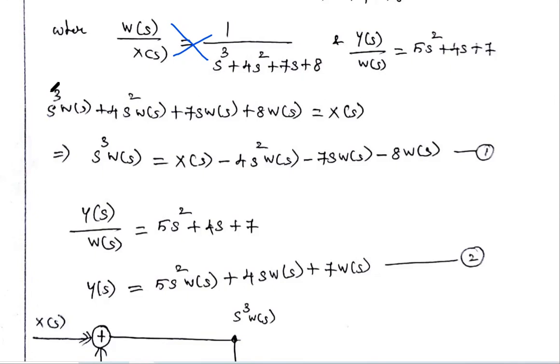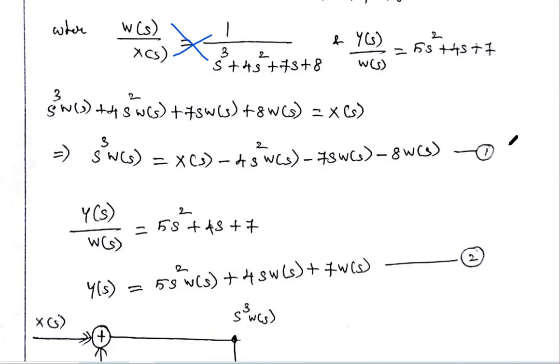So s cubed W(s) equals X(s), and these three terms you give to the right side: minus 4s squared W(s) minus 7s W(s) minus 8 W(s). So this is equation number 1. This equation number 1 is half of the diagram in the direct form 2 realization.